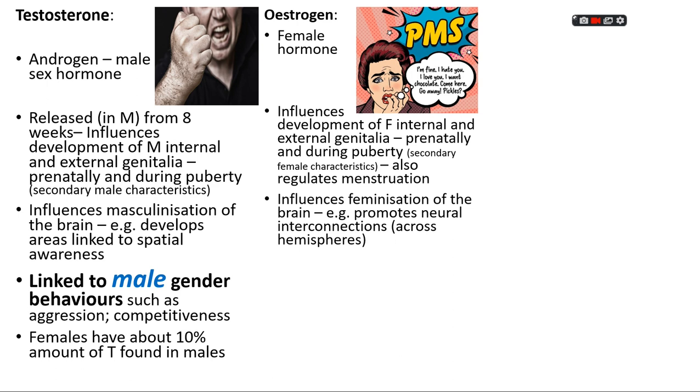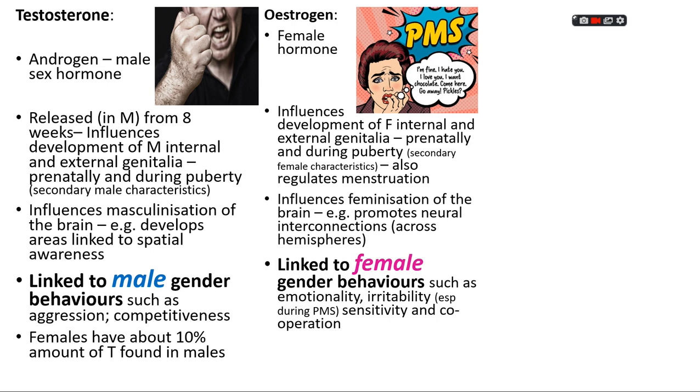And the estrogen has an influence on those synaptic connections across the two hemispheres of the brain. So perhaps this is why people who are female are able to do more multitasking. They have an ability to interconnect ideas and themes and thoughts across the two sides of the brain more easily and more readily.